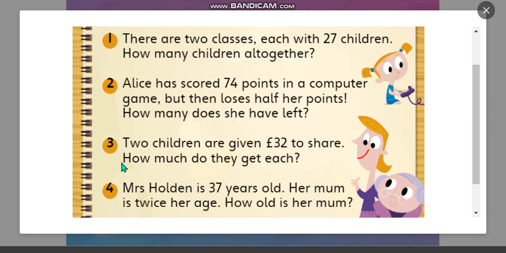Okay, number 3, 2 children are given 32 pounds to share. Now remember, share, we divide it by 2, so we are going to halve for number 3. Now for number 4, Mrs. Holden is 37 years old. Her mom is twice her age. Twice means we double. So how old is her mom?